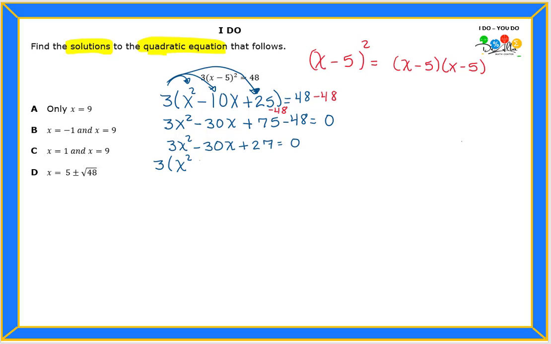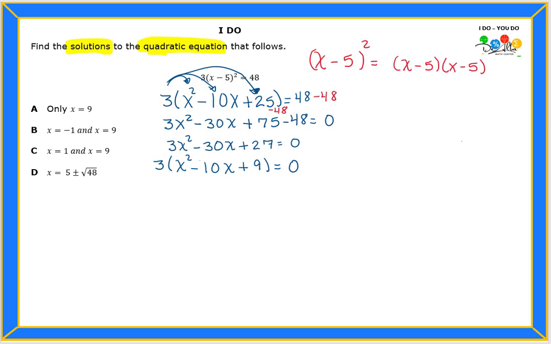But since I have a minus, I need to say minus 10x. And 3 times what gives me 27? 3 times 9, therefore I need to say plus 9. You see what I did? I got the factor, which is the 3, out. And that's very nice, because now if I'm looking for my factors, it will make things a lot easier for me.